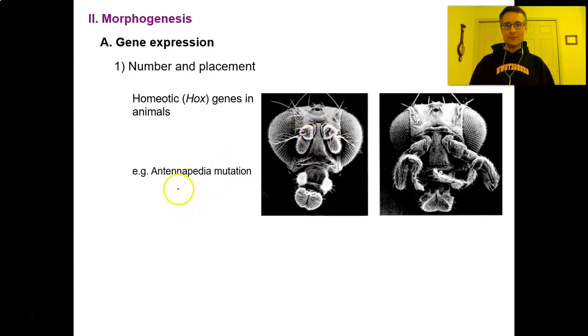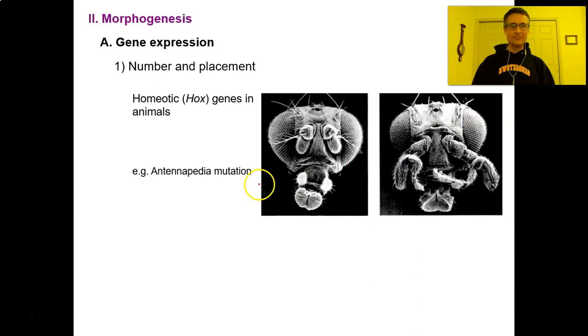Now, if we have a particular mutation known as the antennapedia mutation, which is a type of Hox gene, instead of getting antennae where the antennae are normally found, we would get legs. That's the ped part of the antennapedia mutation.